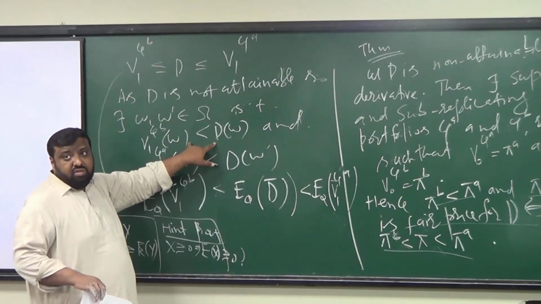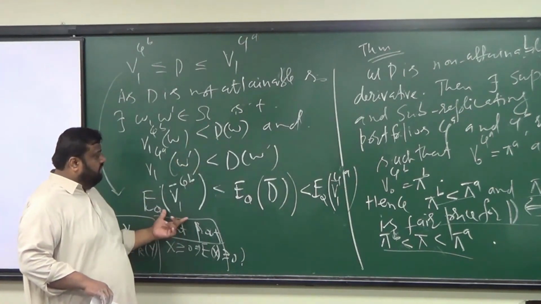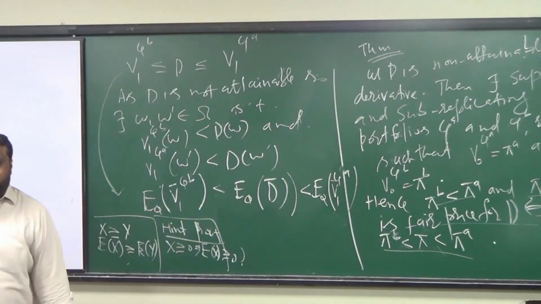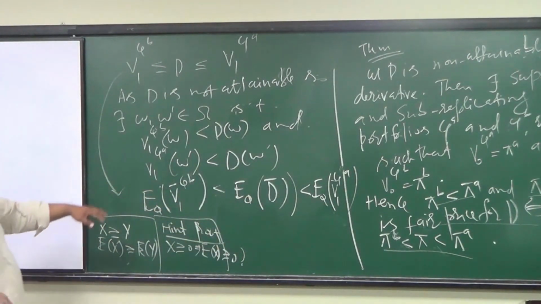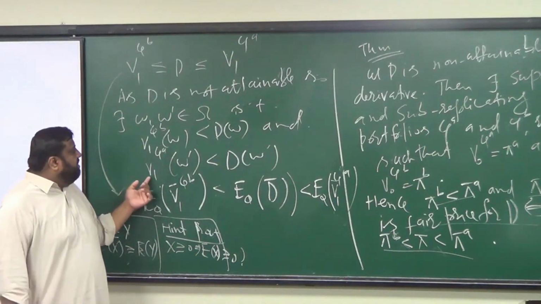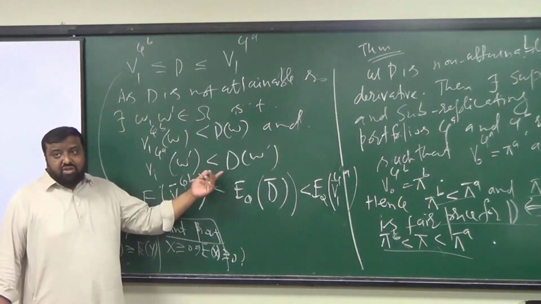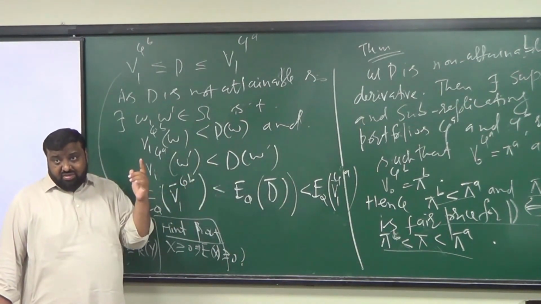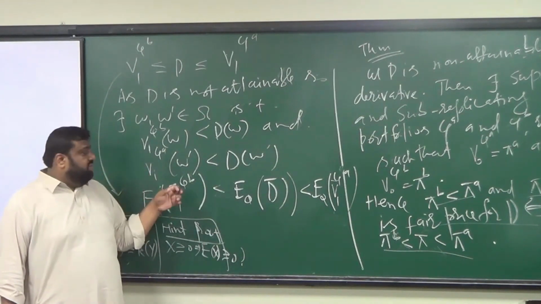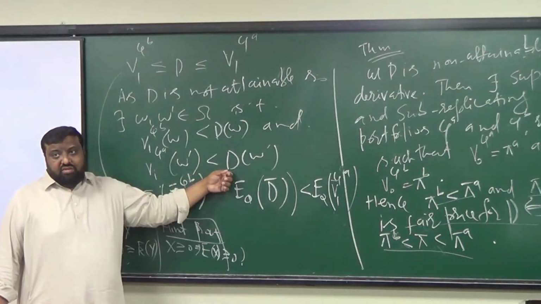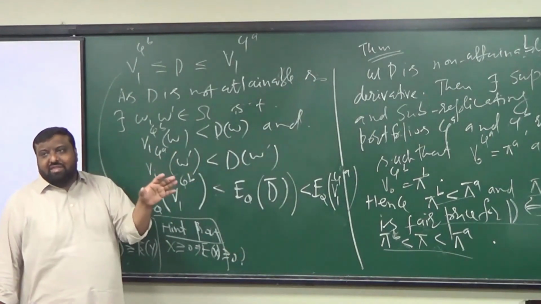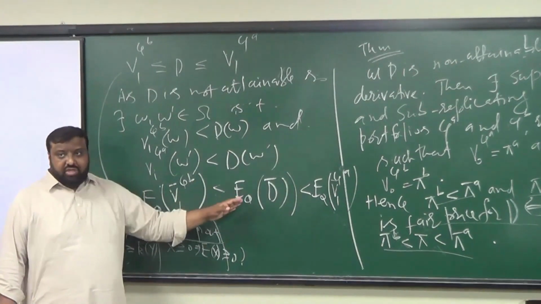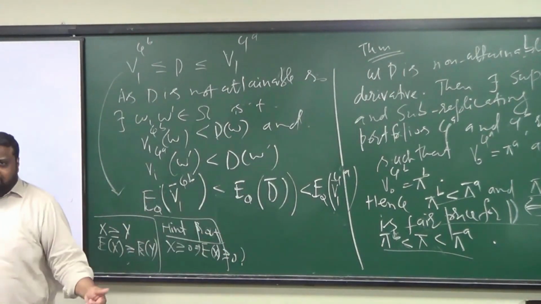You can have a situation, for example, when V1 of phi of omega is equal to D of omega in all cases, but there is one place where this is strictly smaller than this. So if you compute the expectation, it's going to be strictly smaller. So strictness is going to come inside.